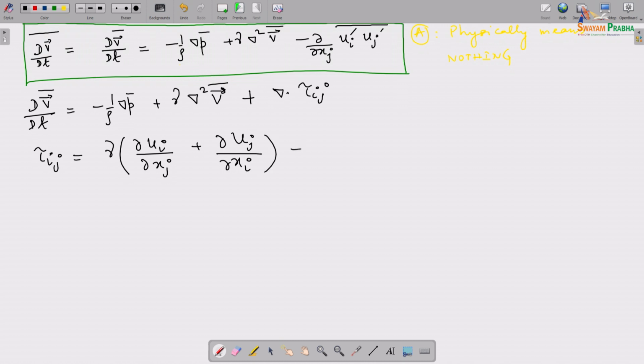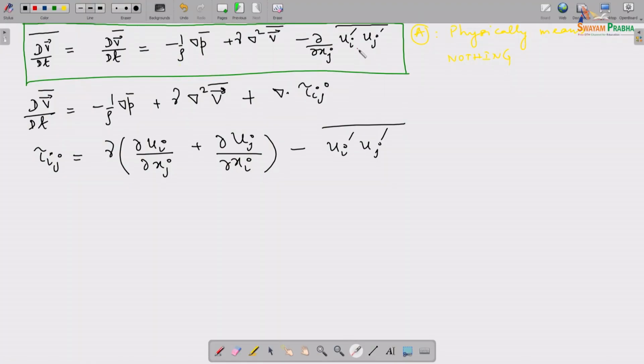So I'm going to introduce this expression, which is tau ij, the shear.